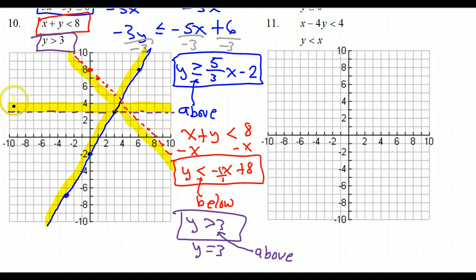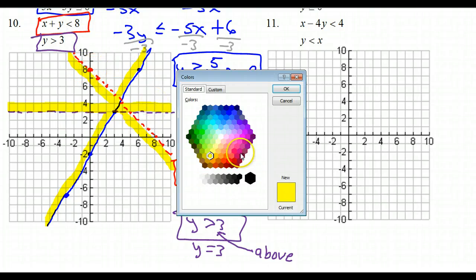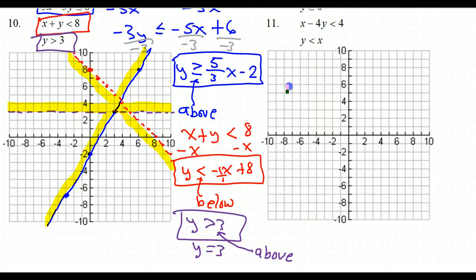Now I'm looking for an area that is completely surrounded by shading. It's kind of hard to find. Let me change colors. If you look in this area right here, see how it is completely surrounded by yellow. This area has yellow on the blue but not the red.